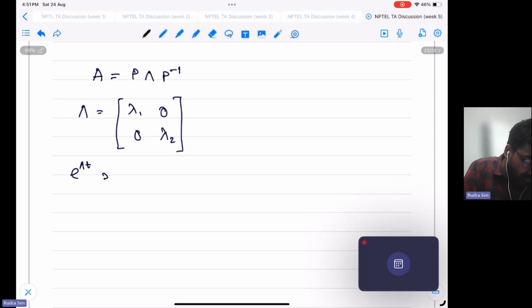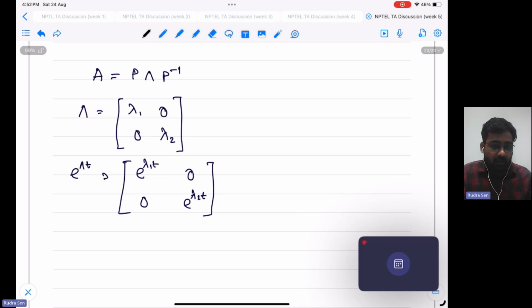It is nothing to worry about, because this is e to the power lambda 1 t, 0, 0, e to the power lambda 2 t. So basically, it is much easier to make any calculation using this diagonal matrix, right? So this is not A, this is lambda.